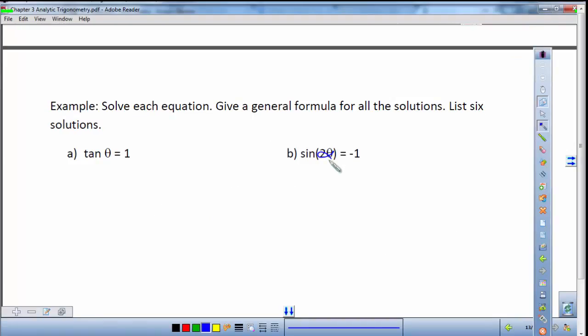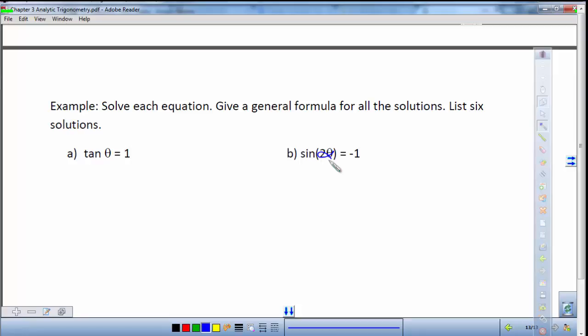Okay, and ask myself, where is sine of alpha equal to -1? For what angle alpha is sine equal to -1? It's not pi over 2. It's not 2 pi. 3 pi over 2.